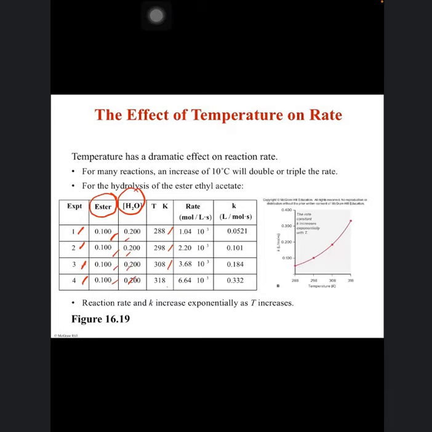So daripada data yang kita dapat, clearly we can see that our rates of reaction increases daripada 1.04 darab 10 kuasa negatif 3, semua negatif ni okay, negatif 3, and it increases up to 6.64 times 10 to the power of negative 3. And it is also supported by the value of K. Kalau kita kira dia punya K value, yang mana K also increases daripada 0.0521 kepada 0.332.